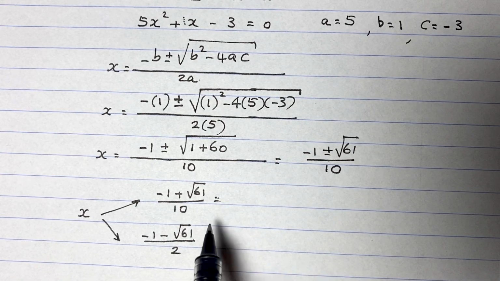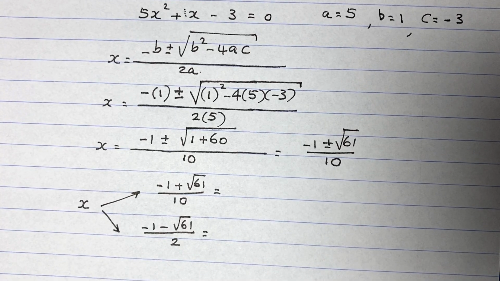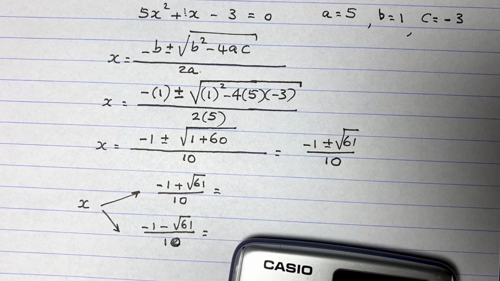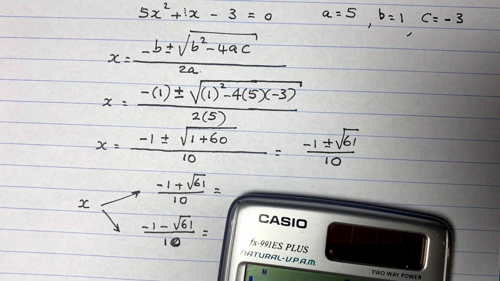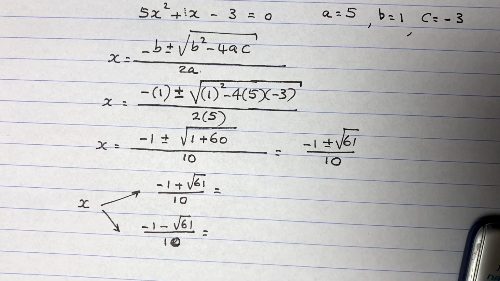I'm going to write these as decimals. Sorry, that was a 10. So, negative 1 plus root 61 over 10 is 0.68.